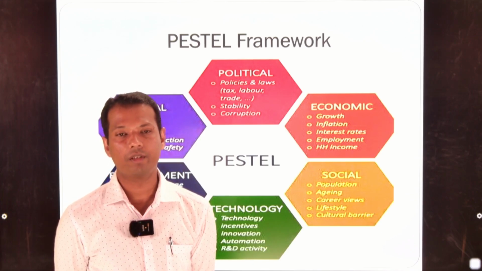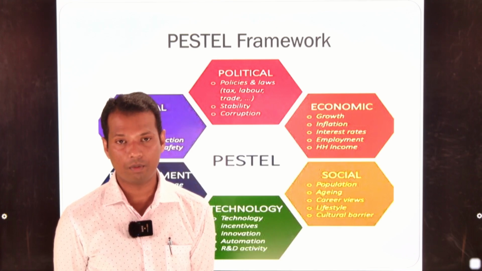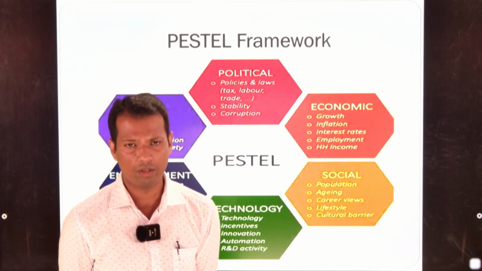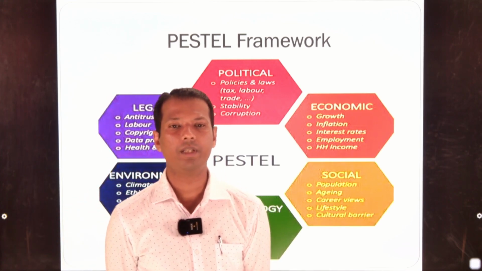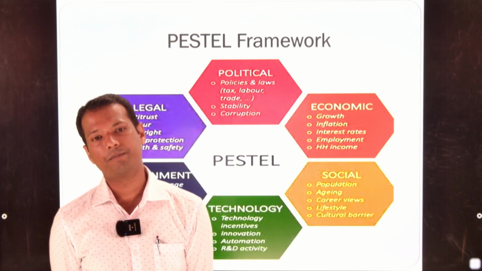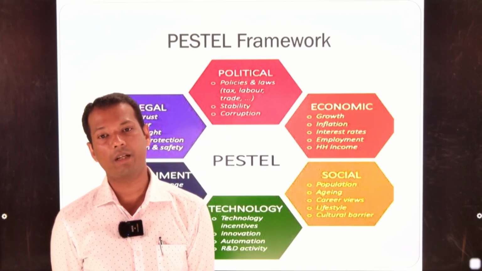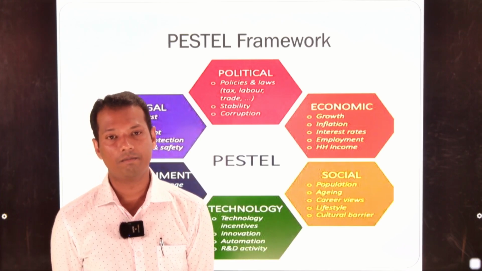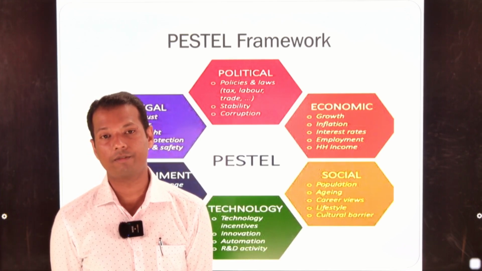Whereas if we compare with the European population or the Chinese population, you will see that it's an aging population. Most companies are very interested in India considering the social factor that it has a mass of young population.